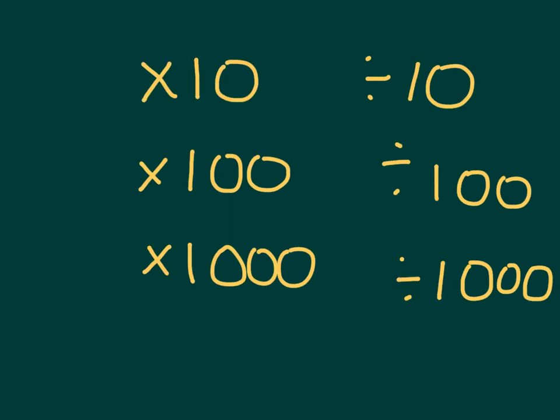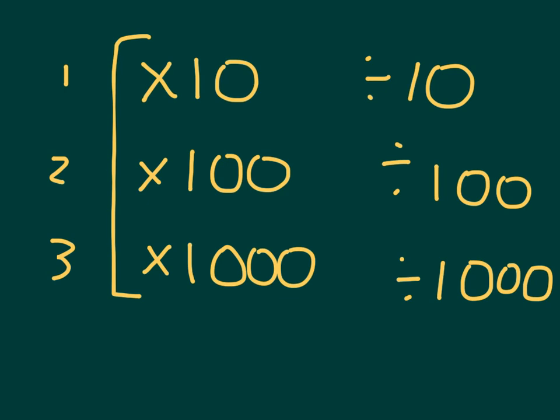Remember, when you are multiplying by 10, 100, or 1,000, each of those digits in those place values ends up getting larger. In the case of multiplying, we actually move each of those digits 1 space, or 2 spaces, or 3 place value spaces, which ends up making them larger.